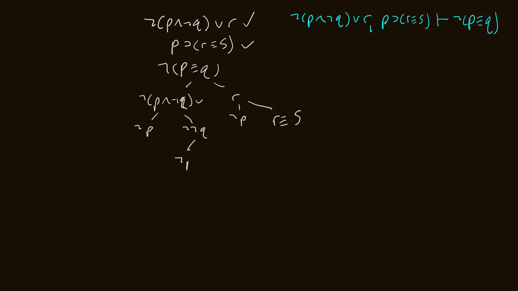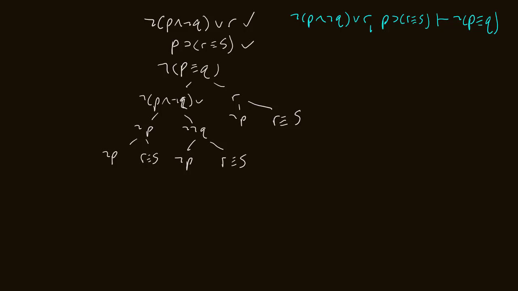So not P, we have R if and only if S, and then this is going to become not P, and then we have R if and only if S. Now this is becoming a mess, and nothing has even closed yet. So what are we going to do? Oh my gosh. Well, this is a lot.